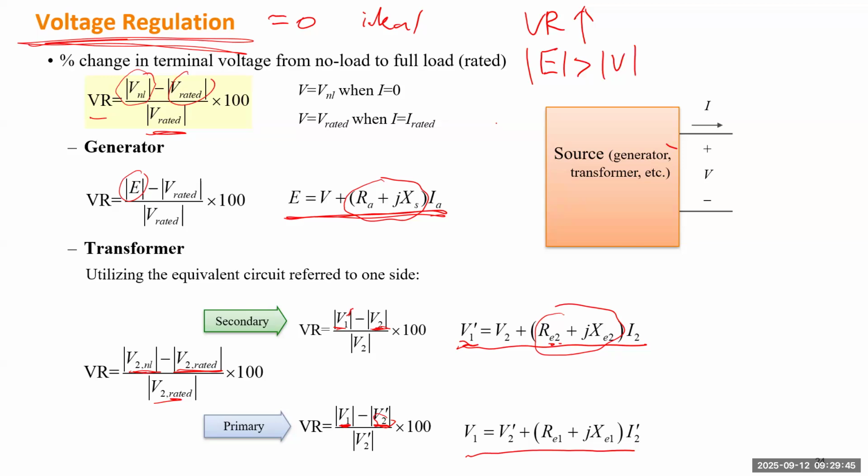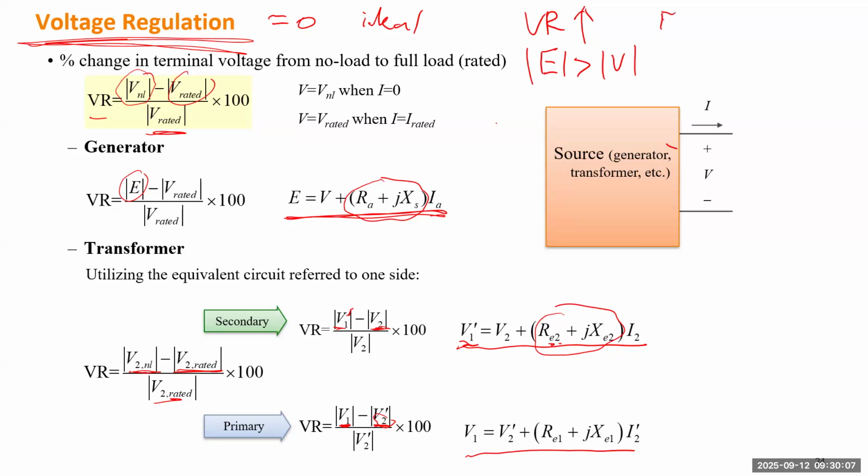So when we increase voltage regulation, the E should be higher, right? So the quality will be worse. The higher the voltage regulation, the worse the quality of the source.